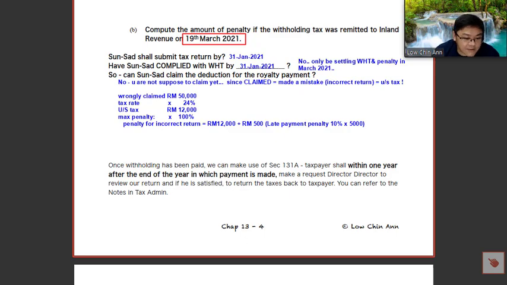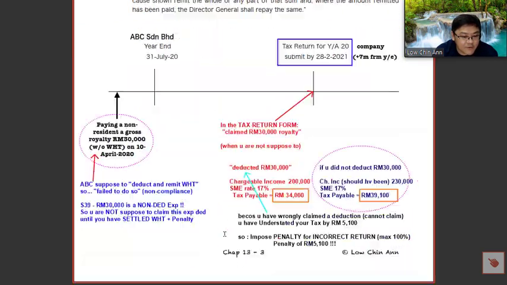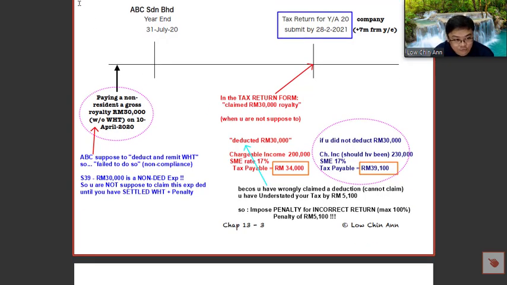Now, back to the picture that I gave you just now when I explained what happened. I told you just now, the right thing you should do is not claim anything.